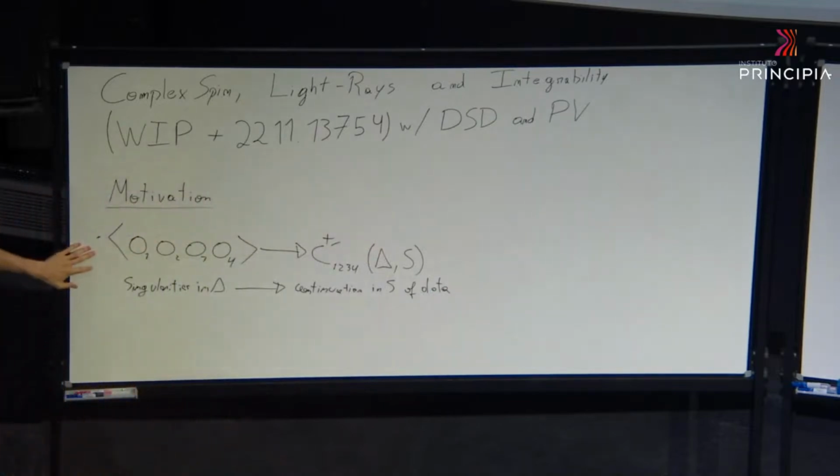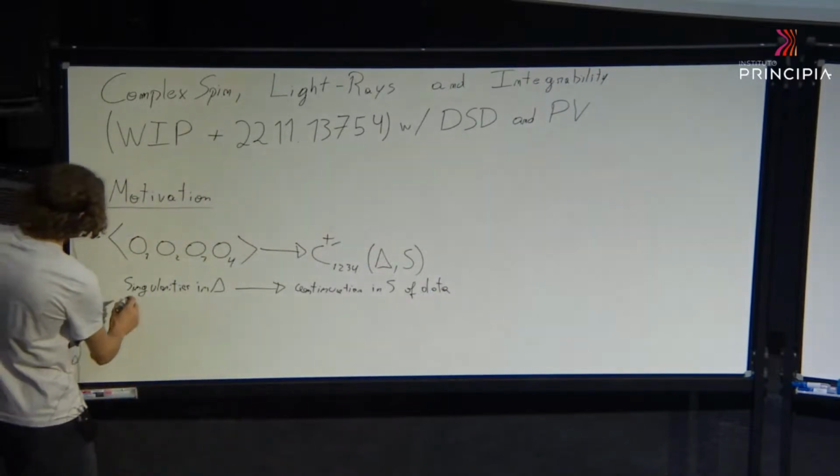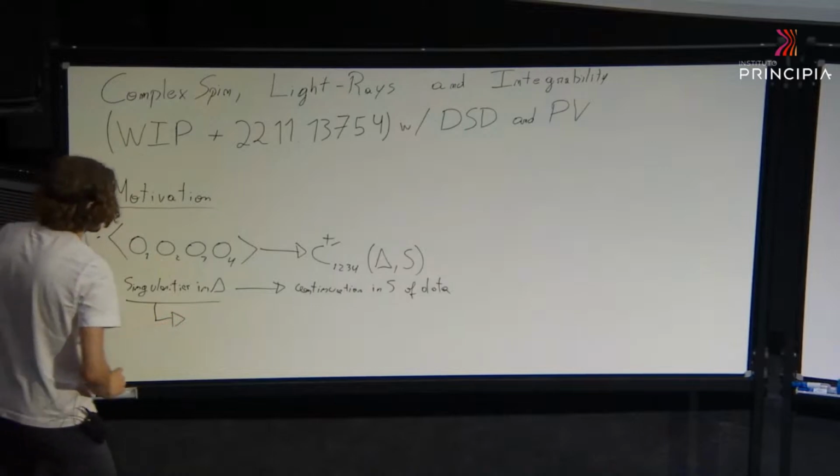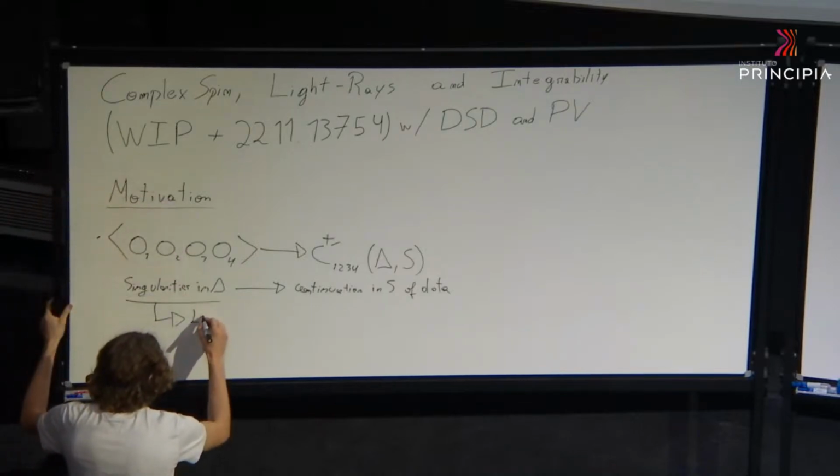Now, a year or so later, Peter and David suggested that we should interpret these singularities in delta as light ray operators.